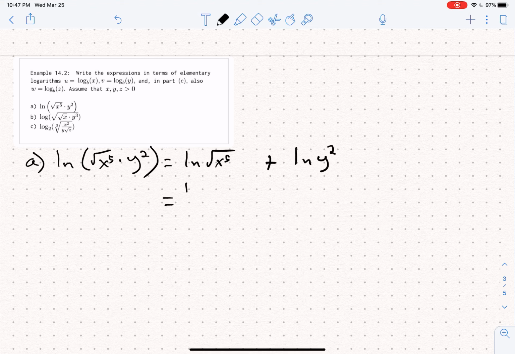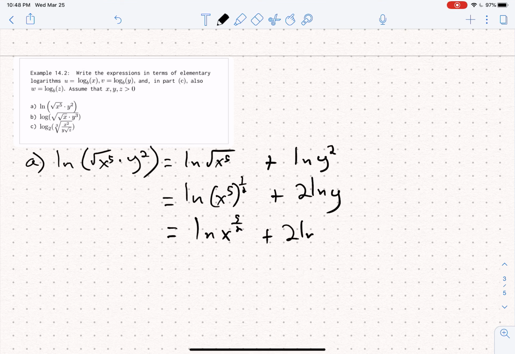That looks like this: the natural log of x to the 5th to the power 1/2, plus, here I'm going to bring the 2 out, 2 ln of y. Now, the rules of exponents say that this x to the 5 to the half, we can combine by multiplying the exponents, 5 times a half, and that's just going to give us a power of 5/2. So that's natural log of x to the 5/2 plus 2 ln y.